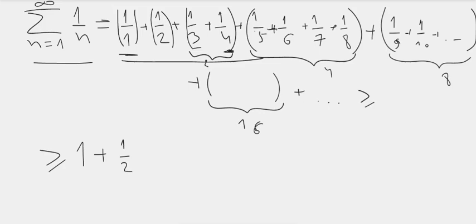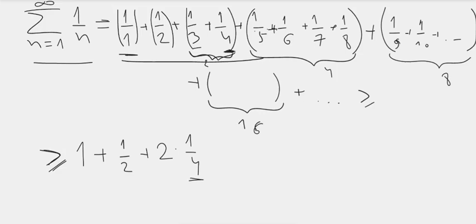So it's greater than or equal to 2 multiplied by 1/4. There are 2 terms in this group, and each of them is greater than or equal to the smallest one, 1/4.